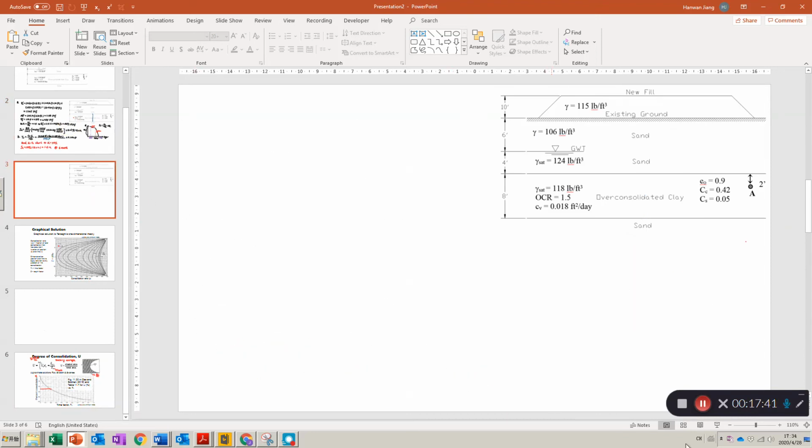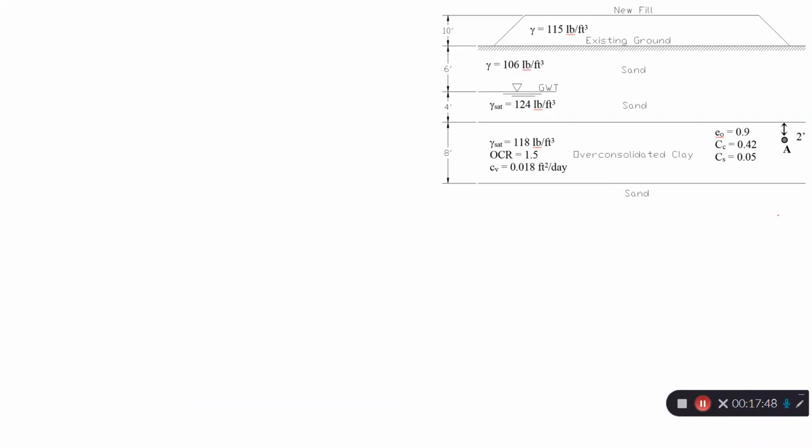Okay, part C. Since we already know that T_V is about 0.2, we just take 0.2, and we need Z, the depth factor.